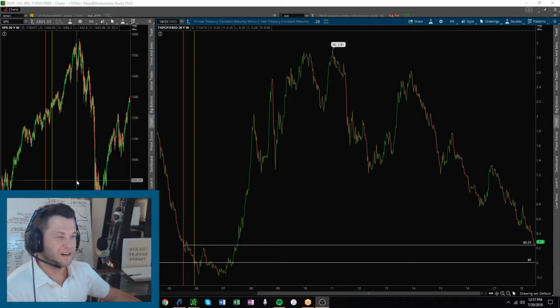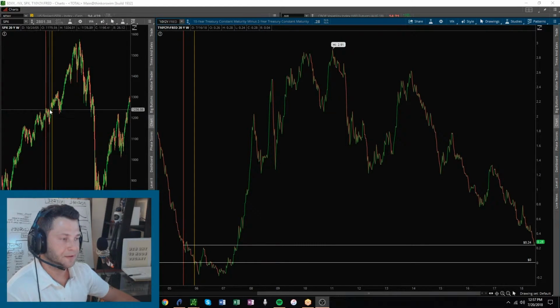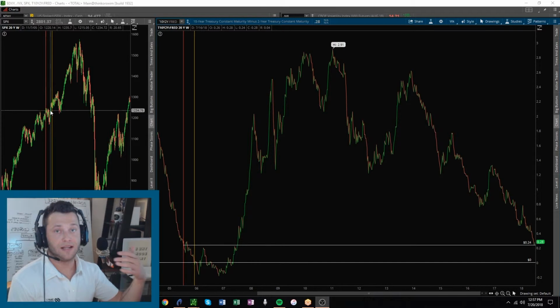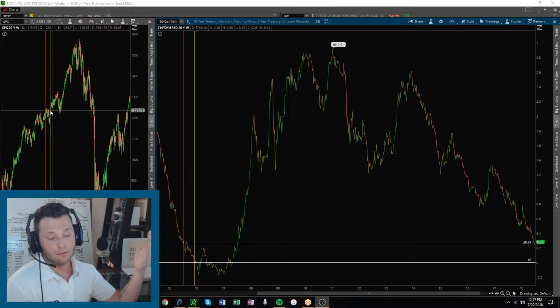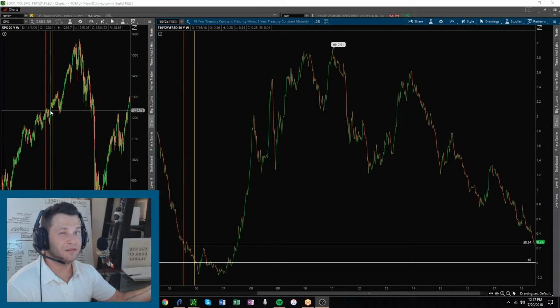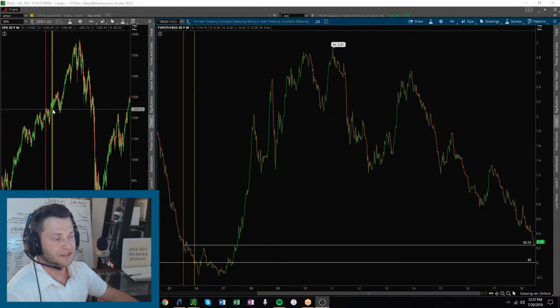It took about 5 months for the market to peak out after the curve inverted. And this is something that has happened over the past 7, 8, 9, 10 recessions: a yield curve inversion leads to the recession and the markets coming down. And so there is some time before the market can experience some extreme downside.